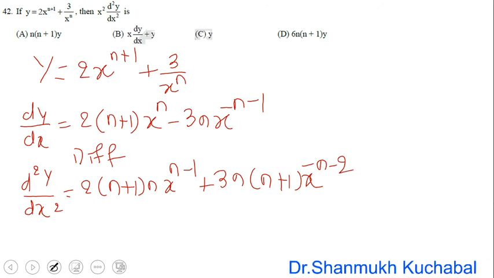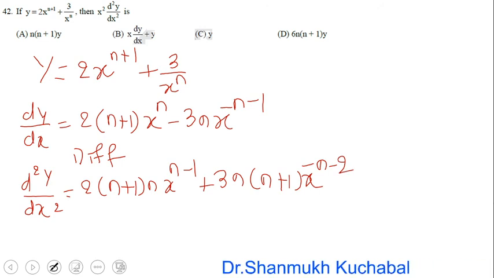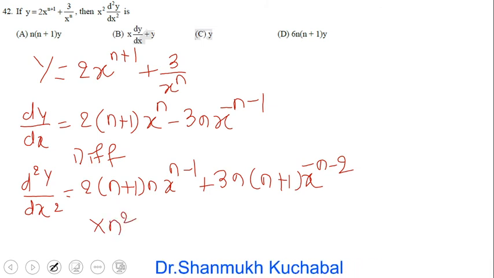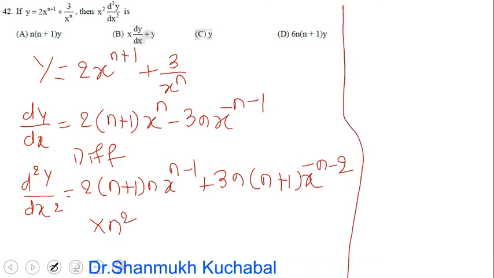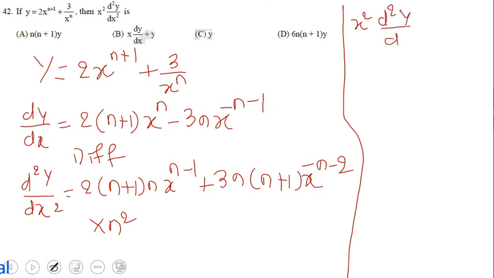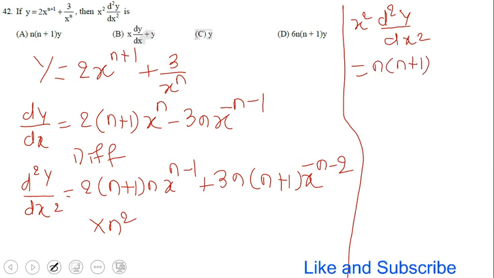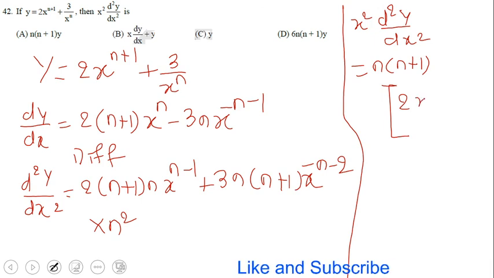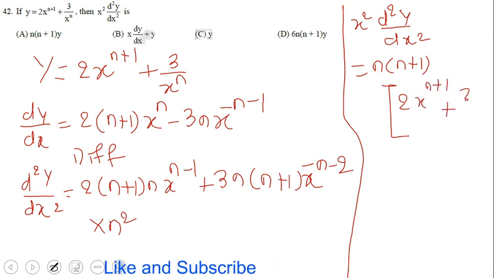So now x square into d square y by dx square, multiply both sides by x square. We get x square d square y by dx square equal to n into n plus 1 multiplied by 2x raised to n plus 1 plus 3 divided by x raised to n here.